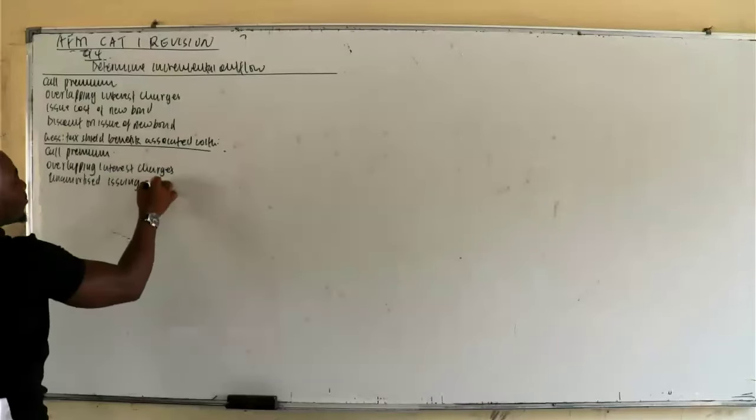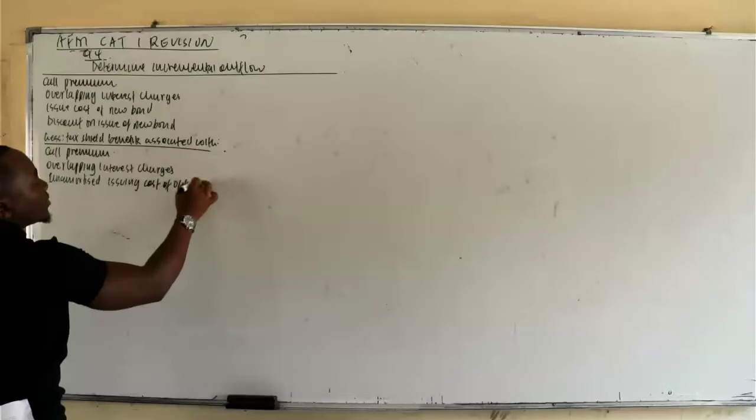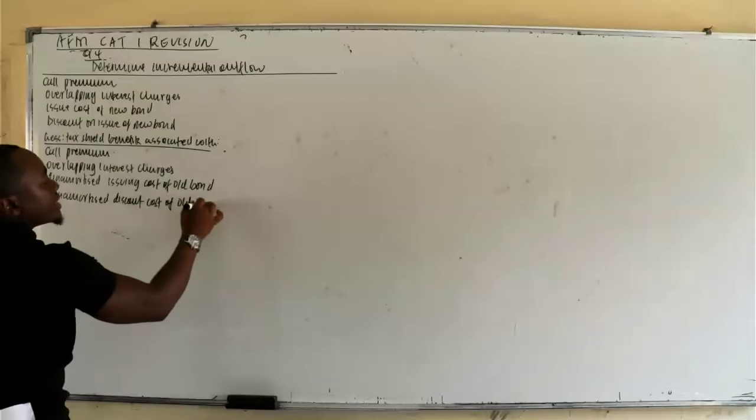Then you also add the unamortized issuing cost of the old bond, and then you factor in unamortized discount cost of the old bond.